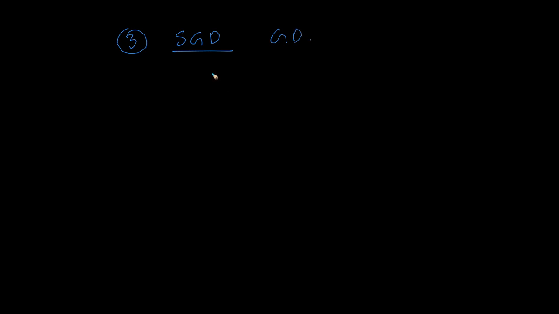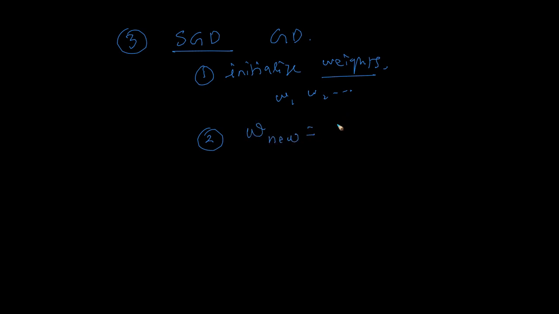What we do in gradient descent is, first we initialize the weights. This will be a random initialization. We initialize the weights w1, w2 randomly, right? Then we compute the new w: w new is equal to w old minus eta.